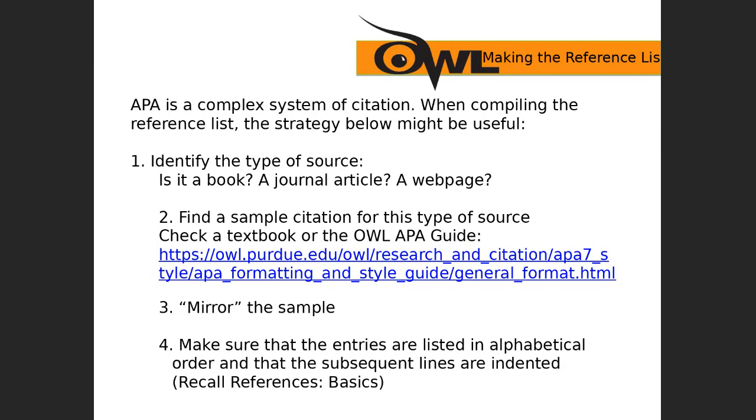Page 320 is for a newspaper article. Page 321 is a textbook reference, which I'm sure you'll definitely need, especially when it comes to the theorist part.